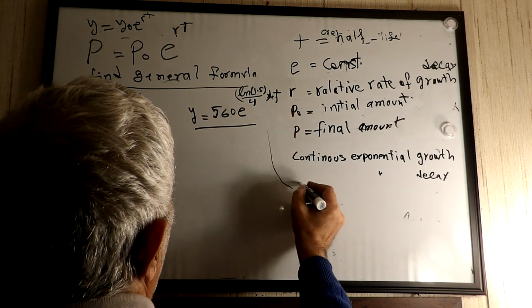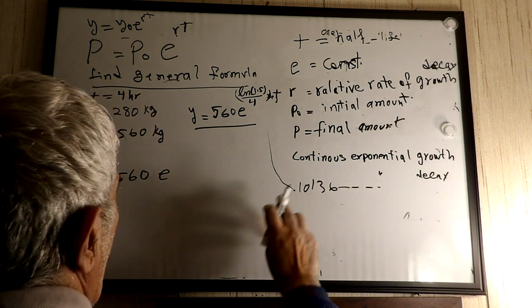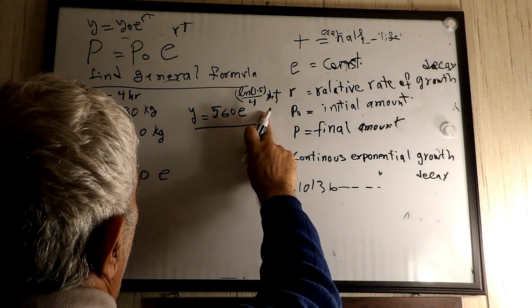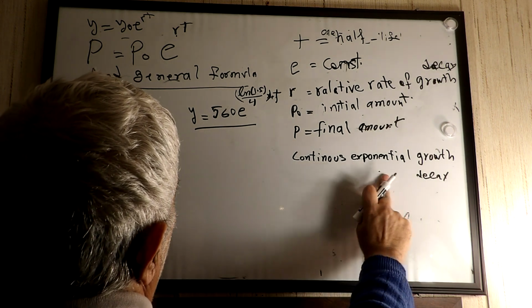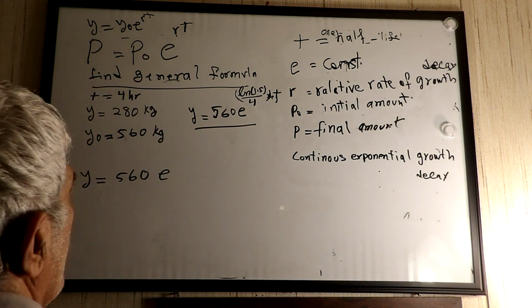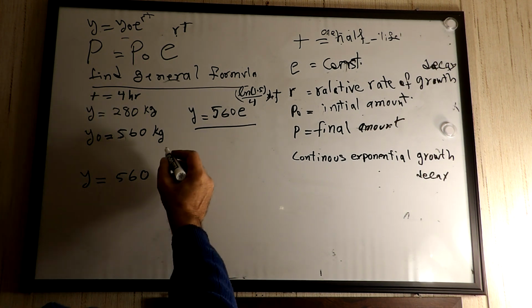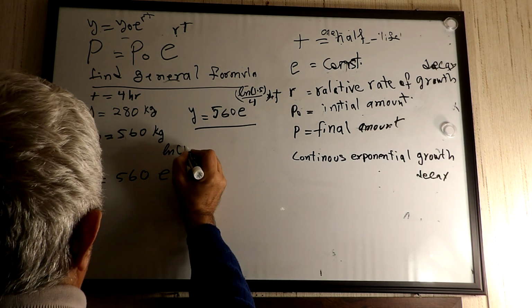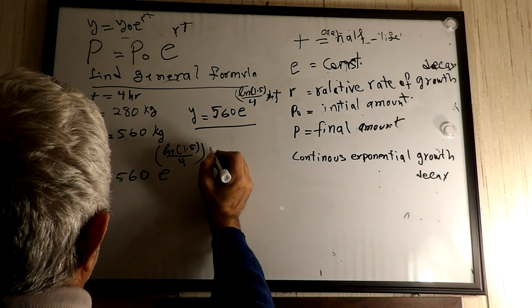This is actually going to be 0.10136 and continues. So this is the exact number. We don't want to put just rounded decimal places there. So we write ln 1.5 divided by 4 times the whole thing.